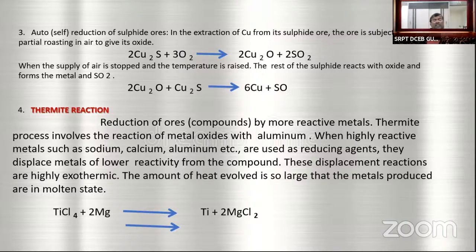That is why the thermite reaction is a kind of exothermic reaction. A huge amount of heat is evolved in this thermite reaction. It is one more example. Here we have used magnesium as a reducing agent. Here sodium replaces the titanium, which gives the titanium metal, and sodium converts into sodium chloride.